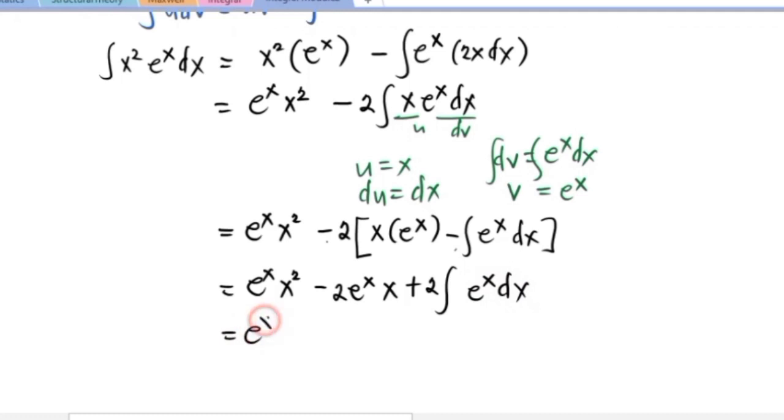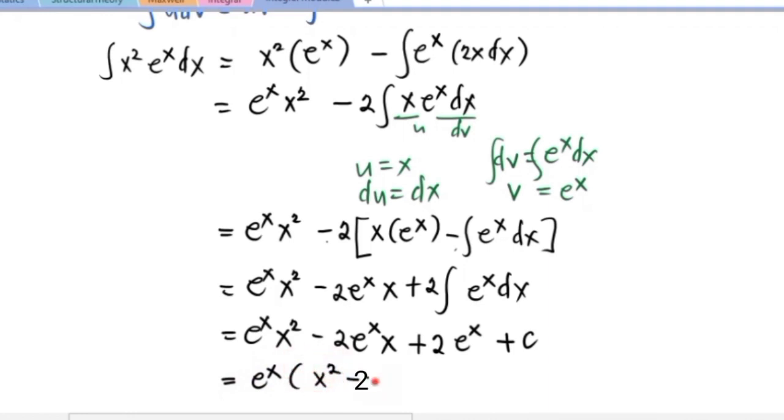So we have here e to the x multiplied by x squared minus 2 e to the x times x plus 2, the integral of e to the x dx is e to the x, so that's e to the x plus c. If we are going to simplify this further, kung makikita natin, common yung e to the x, so pwede natin siyang i-factor out. So we have e to the x times (x squared minus x plus 2) plus c. And this is our answer.